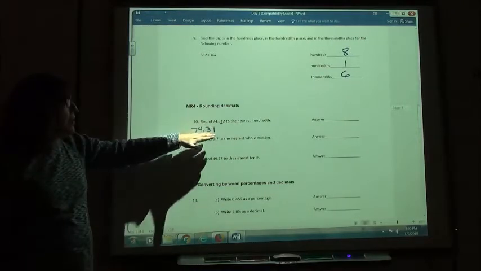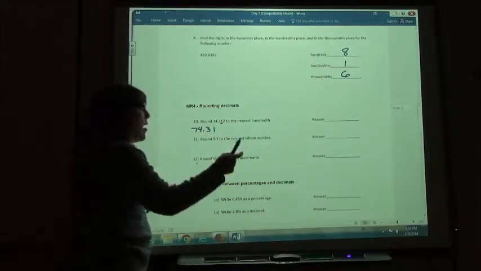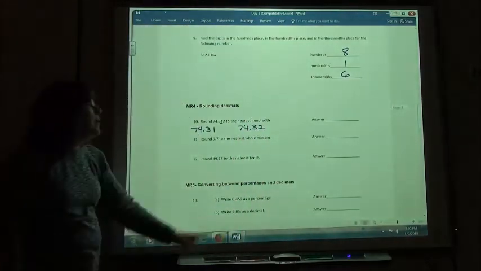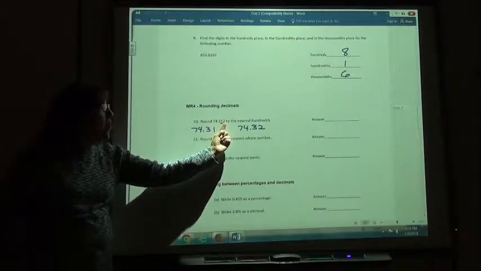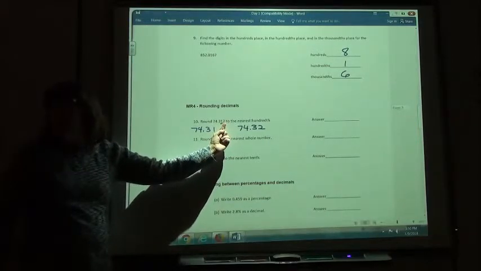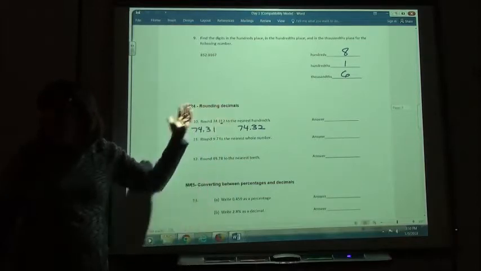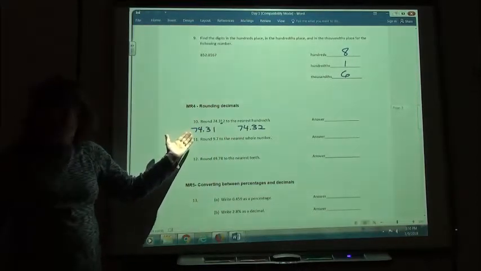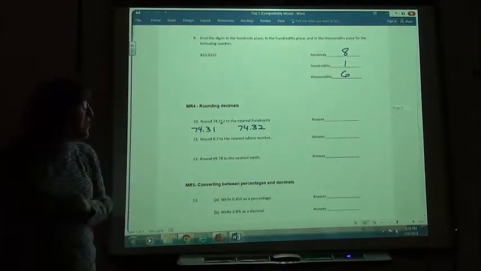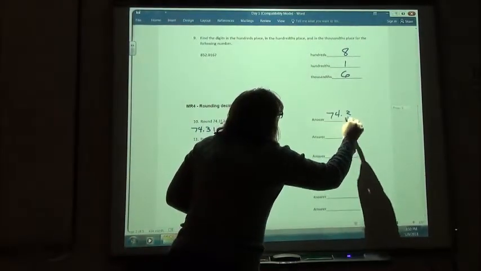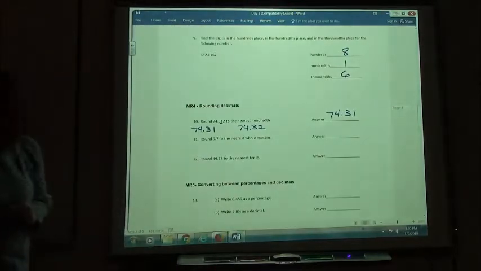I'm saying, do I leave it at that number or do I round it up by 1, which would be 74.32? I look at the number behind the 1. If it is 5 or higher, I'm going to round it up. If it's less than 5, I use my number that I had originally. In this case, the 74.31. Since it's a 2, I'm just going to leave it at 74.31.